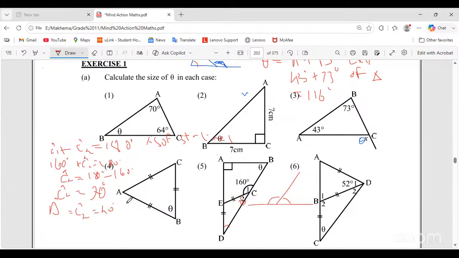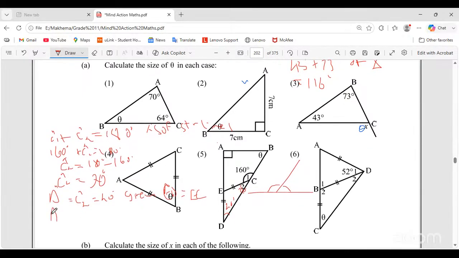Why do I say that? Because we are given that ED is equal to EC. Now this is 20 degrees. Now we will come to this bigger triangle, that angle A plus angle B plus angle D is equal to 180 degrees.